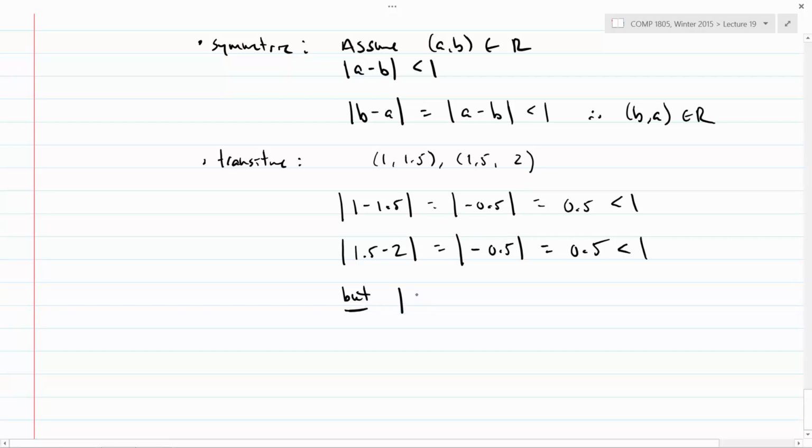But the absolute value of 1 minus 2 is the absolute value of negative 1, which is 1, and that is not less than 1. So if this were transitive, this pair, 1, 2, would have to be in the relation. But I just showed that it's not in the relation. Okay, and therefore, this relation is not transitive.